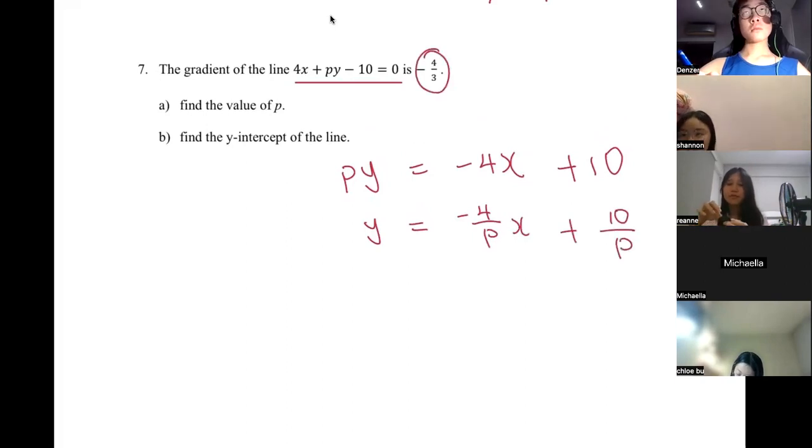And they tell me the gradient is minus 4 over 3. So, Michaela, which part of the equation equals minus 4 over 3?